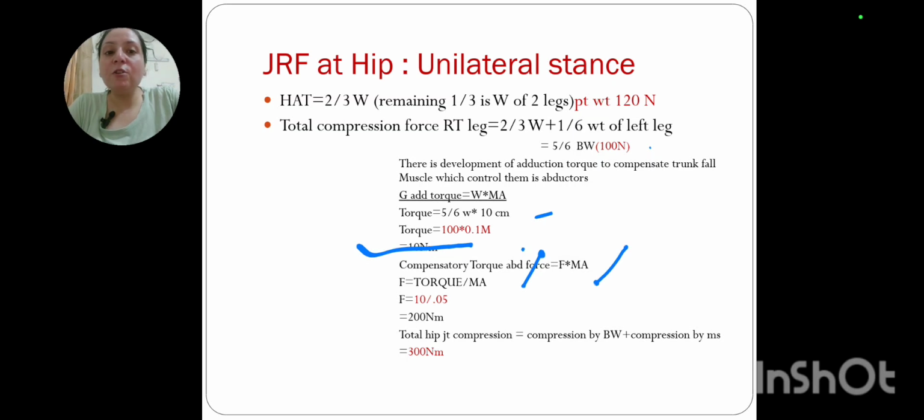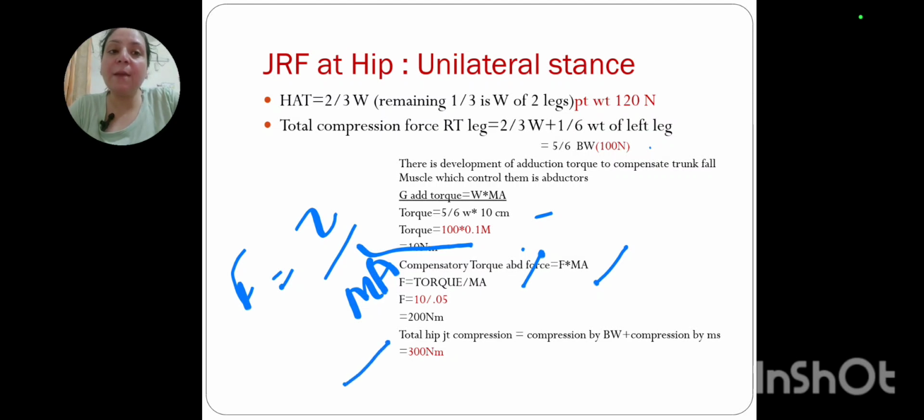The force is equal to torque upon movement arm, so 10 divided by 0.05 is 200 Newton. And the total hip compressional force: the compression brought about by the body weight comes out to be 100, and the compression brought about by the muscles is 200.